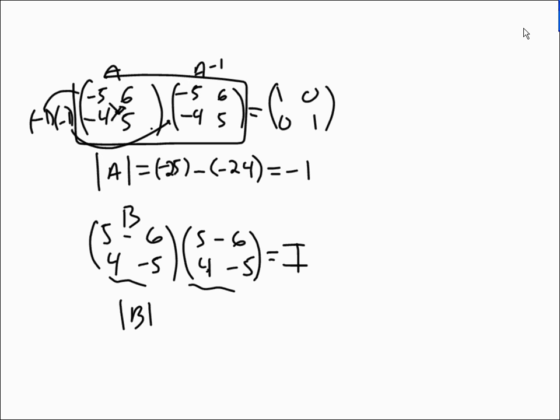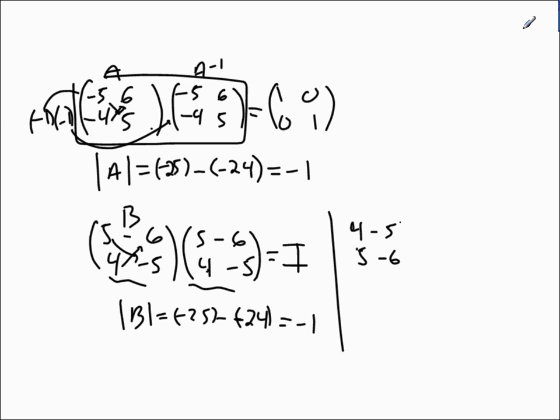The determinant of B is this product, which is negative 25, minus this product, which is negative 24, which is also negative 1. So what we're going to do is interchange the two rows, because one of my theorems tells me if I interchange two rows, the determinant will change the sign.